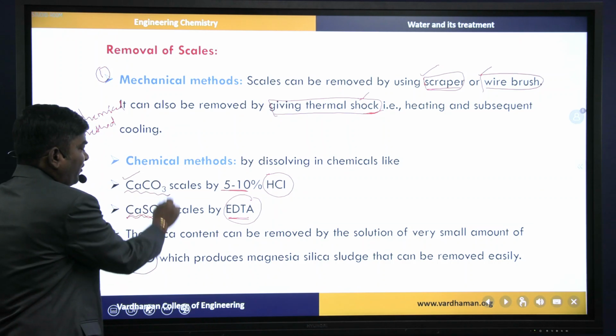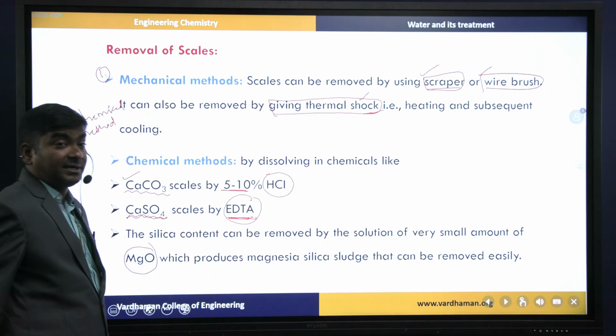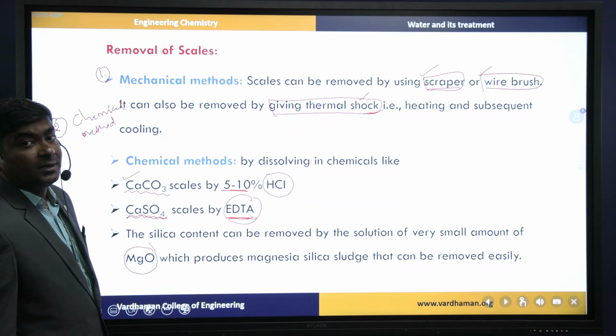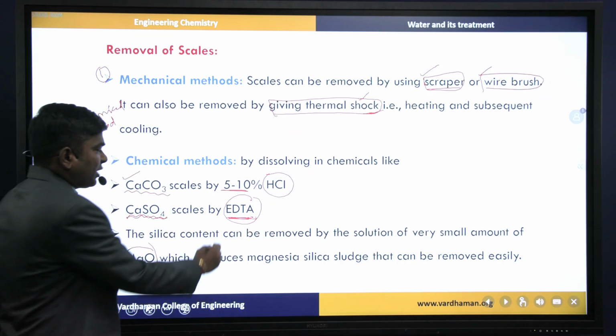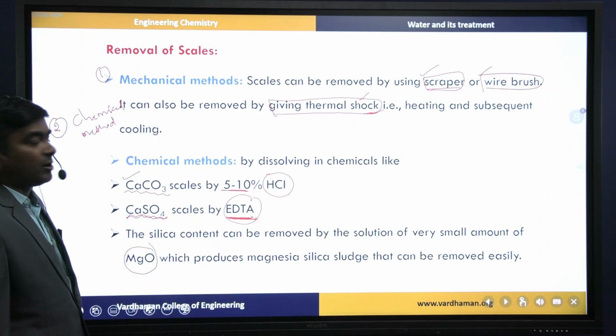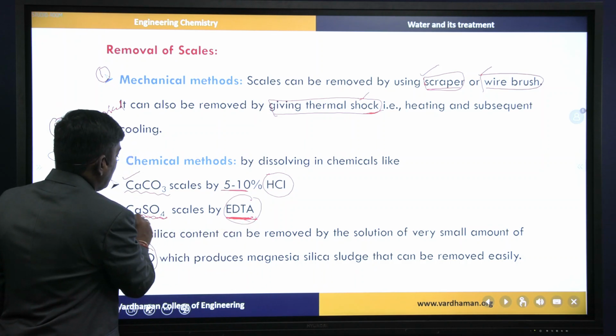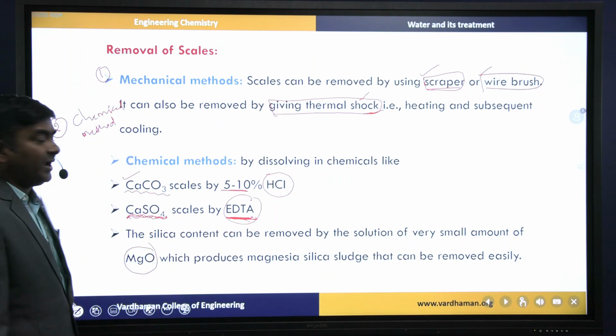What is EDTA? Ethylene diamine tetraacetic acid, a complex forming reagent or ligand. So after adding EDTA, we can remove calcium sulfate scale.